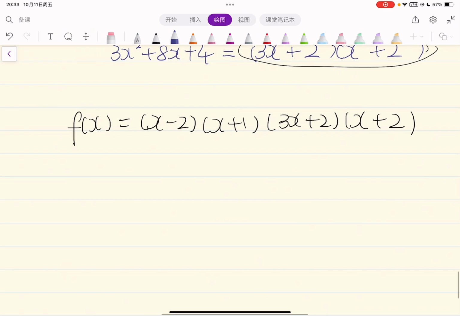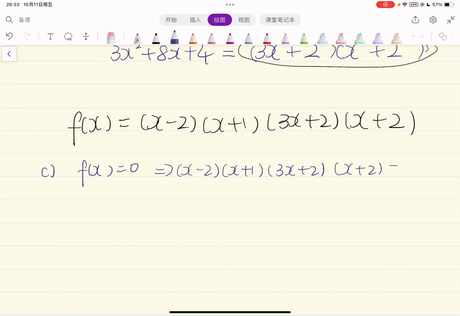So f(x) equals 0 means x minus 2 times x plus 1 times 3x plus 2 times x plus 2 equals 0. So x equals 2, minus 1, minus 2 over 3, or minus 2. So we have done question 2.